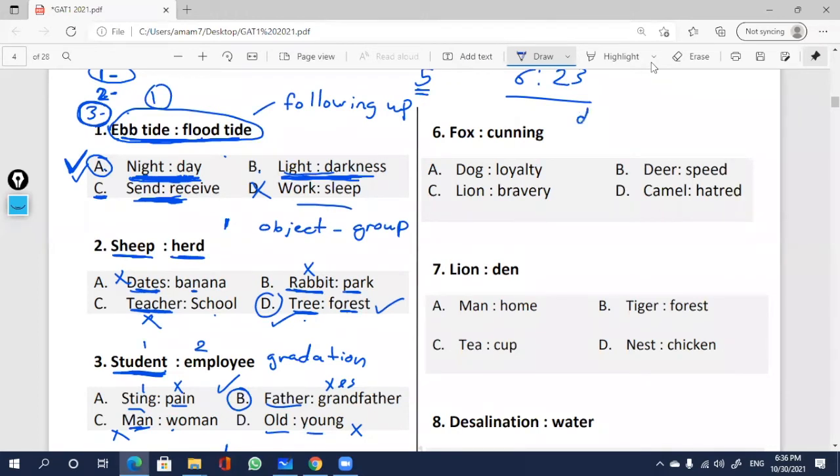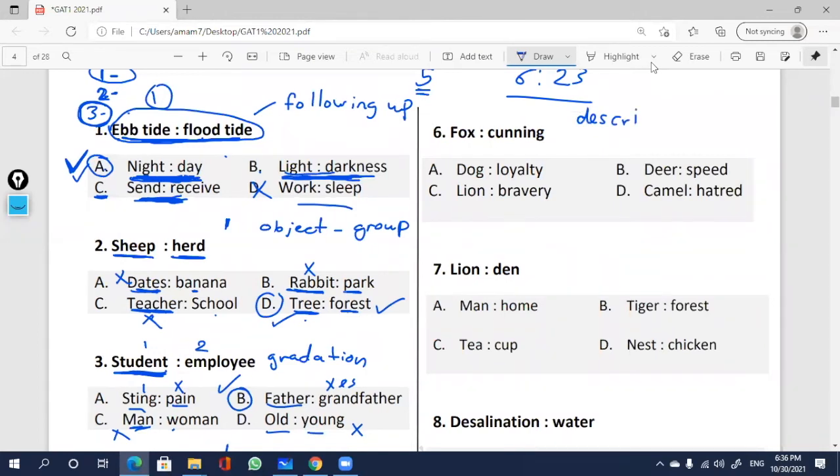Describing quality. Excellent. And as we see here, most of them are describing quality. Wait, let me write it first. Describing quality. Now, a fox is cunning. How about dog is loyalty here?